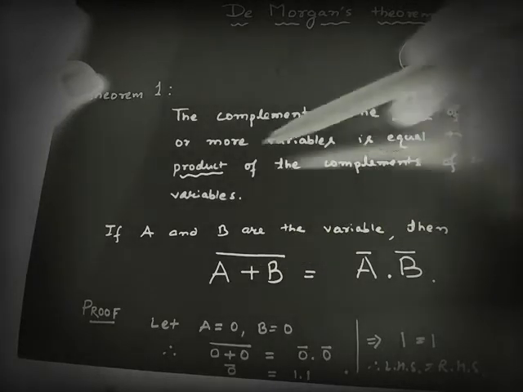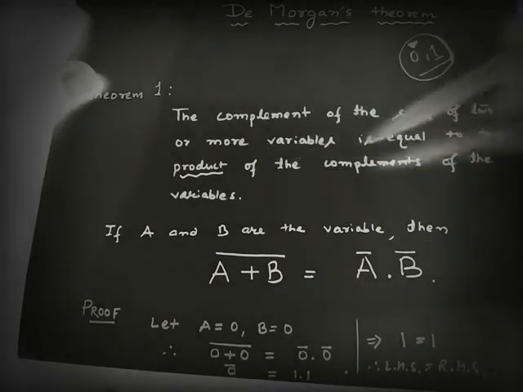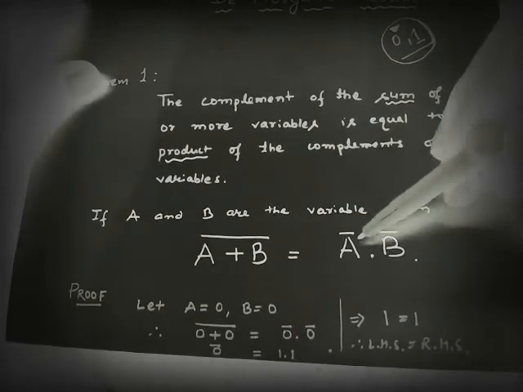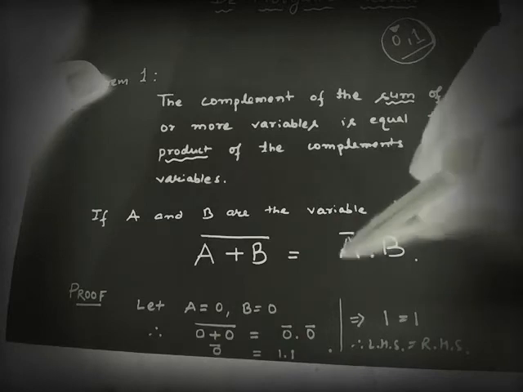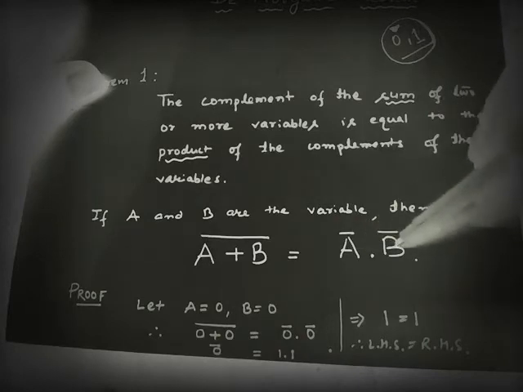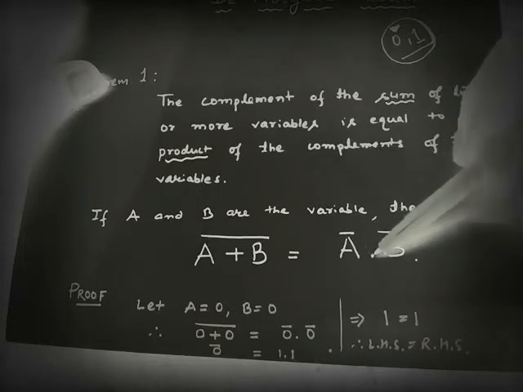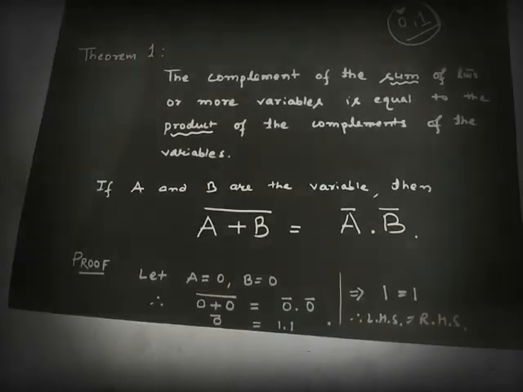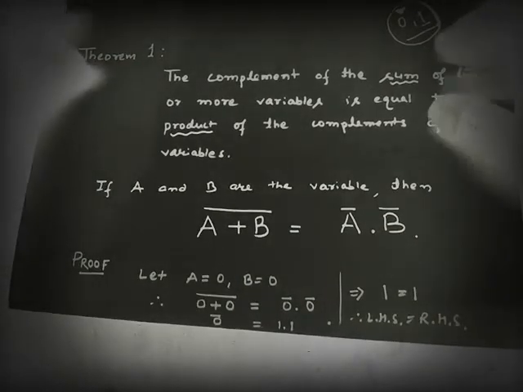This is equal to the product of the complements of the variables. It is the product of the complement of A and the complement of B, connected by a multiplication relation. And this is theorem 1.